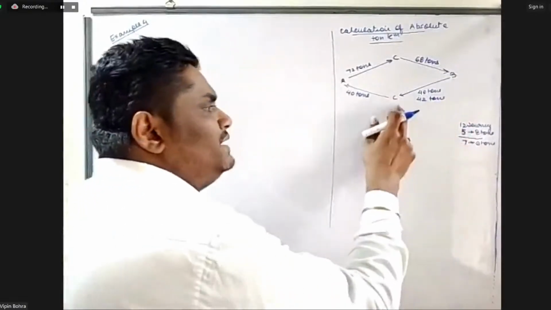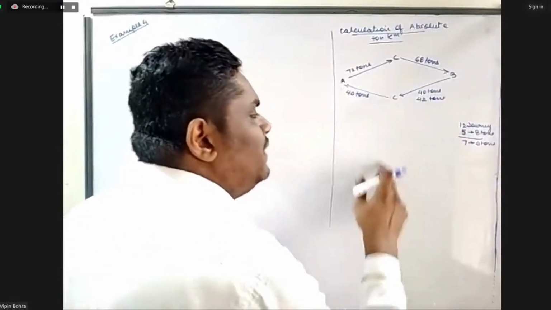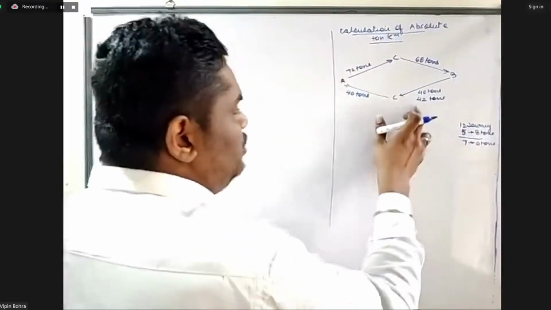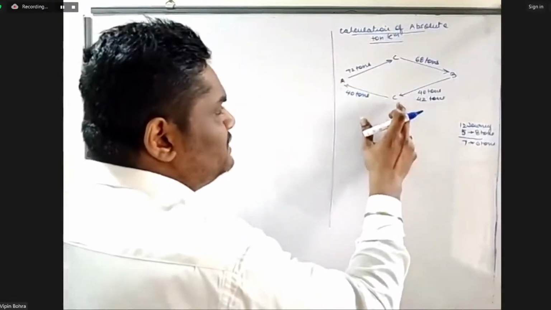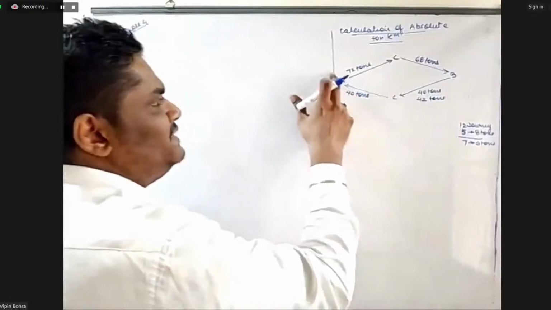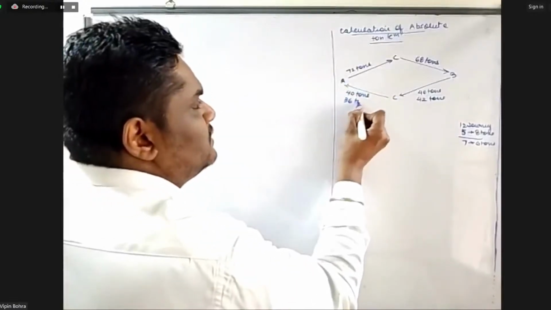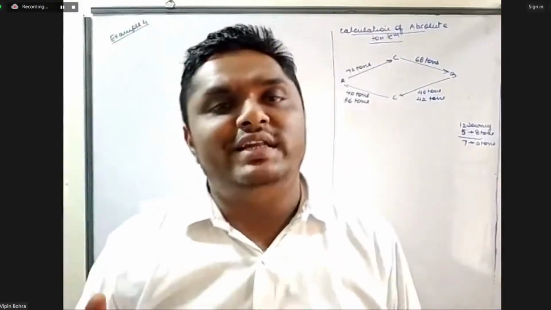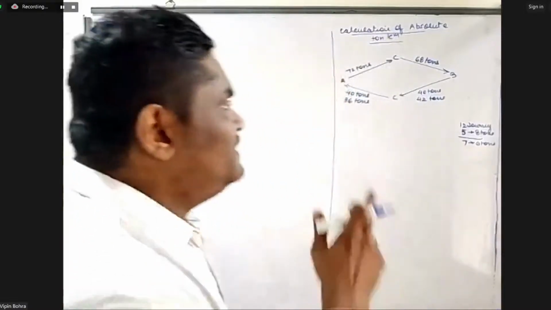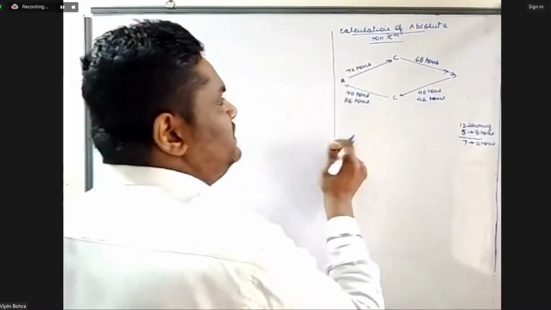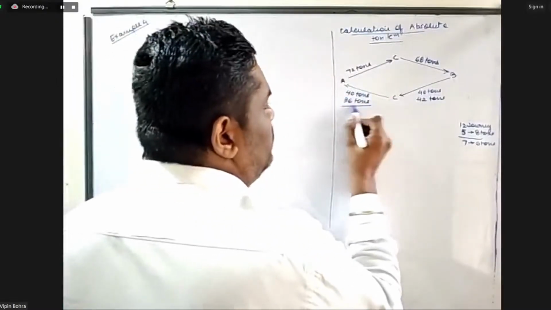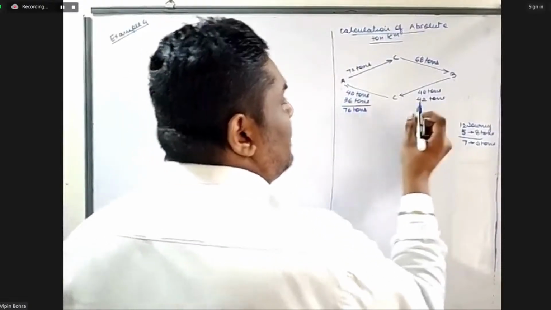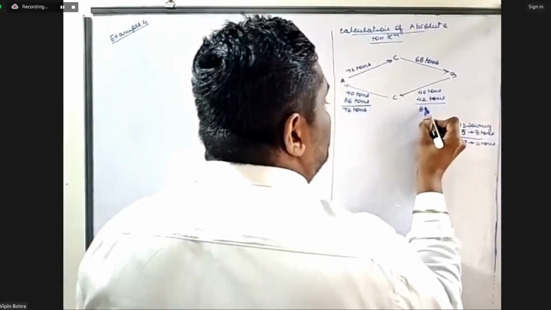Of these 42 tons, all 6 tons were unloaded at city C and from city C to A it returns empty. Out of 42 tons, the total tons transported from city C to A is only 36 tons, because 6 tons were unloaded at city C. So herein the total tons transported is 76 tons, and herein it is 82 tons.